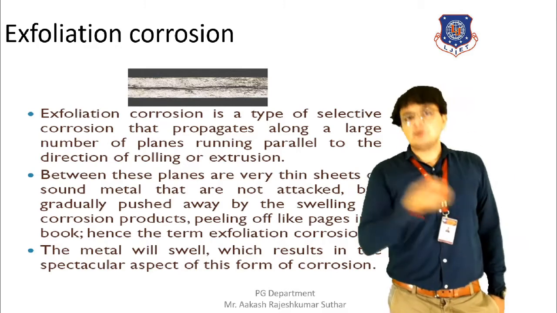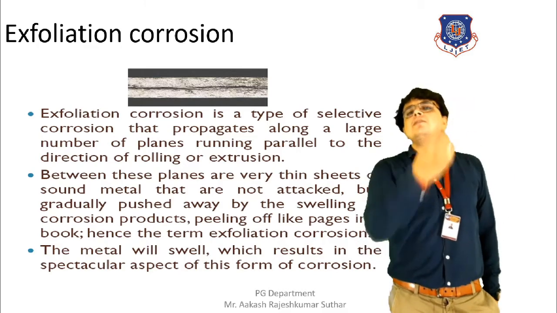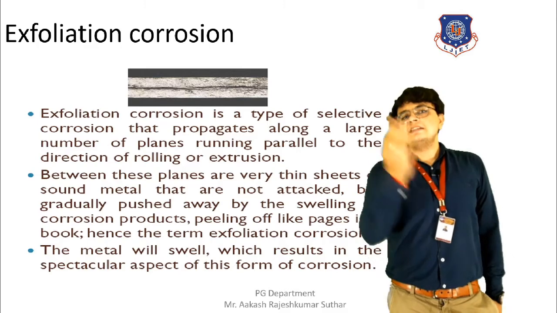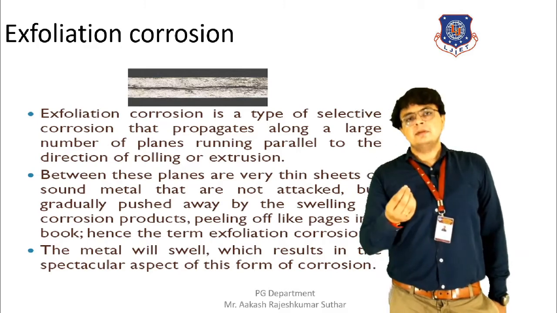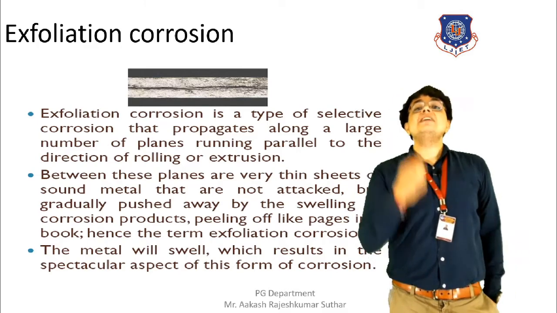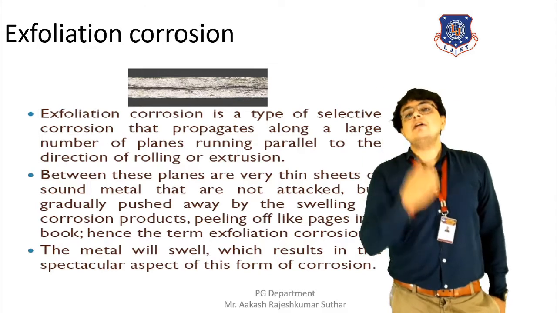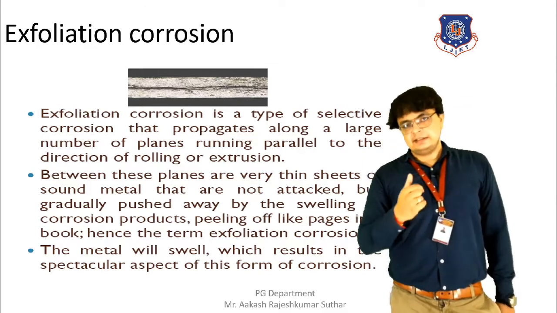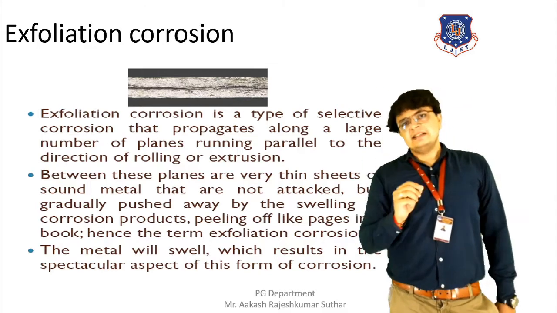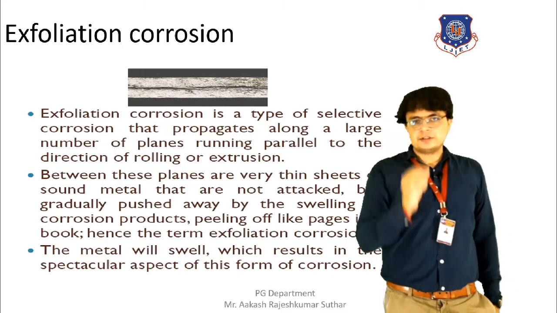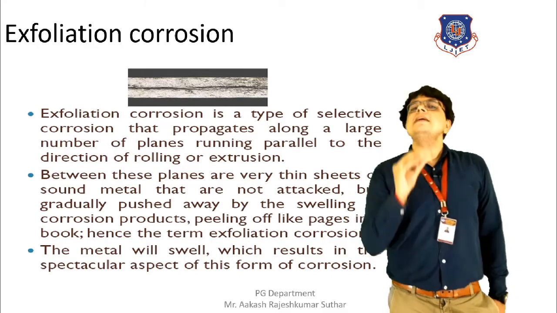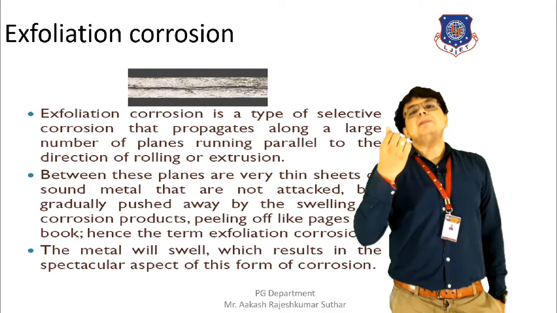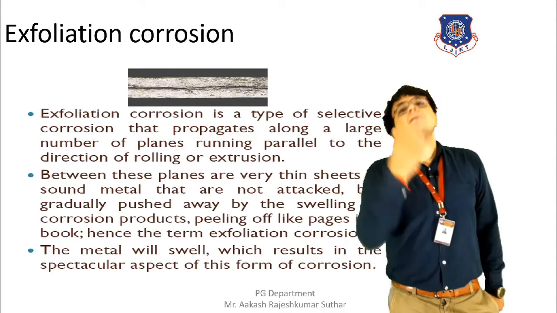Once it is propagated, there will be a larger number of small planes coming into its way, and it will not corrode the planes directly, but the thing that happens because of the occurrence of such type of corrosion will be the pulling of the planes, the peeling of the planes.